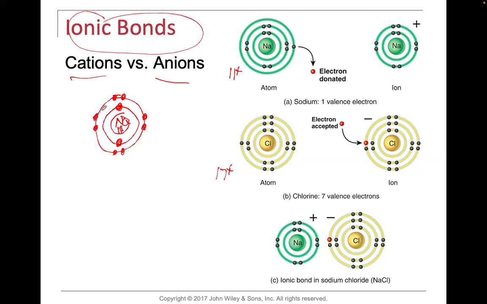I need one more. Can I just put 1 here? I can't, because there's already 1, 2, 3, 4, 5, 6, there's already 8 here. So it forces me to add another shell purely for that 1 electron.